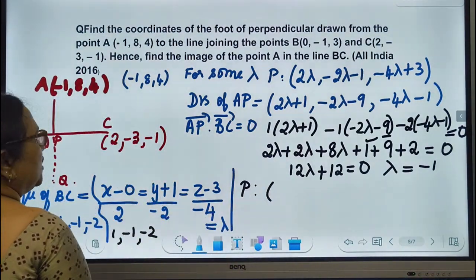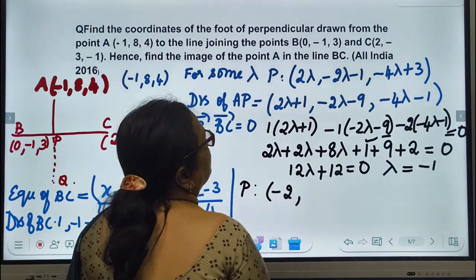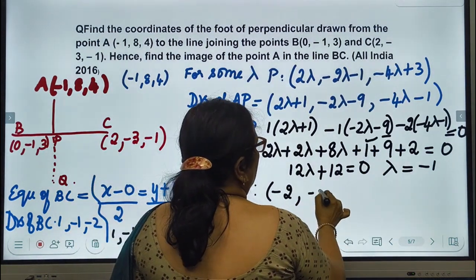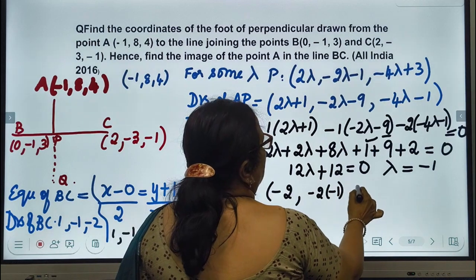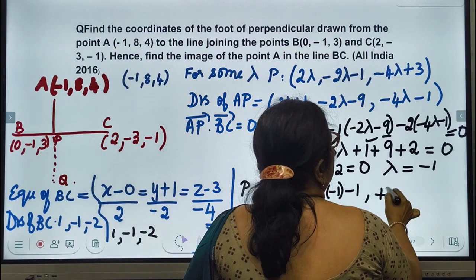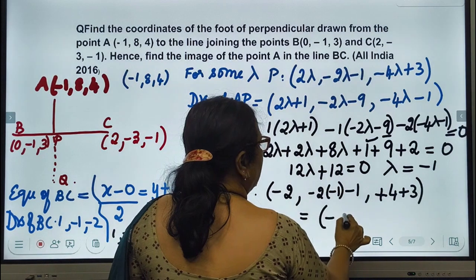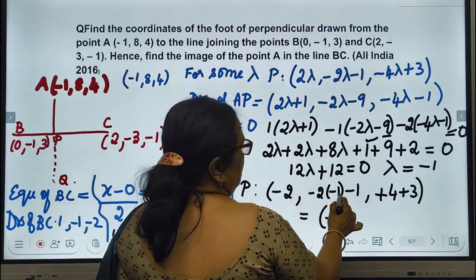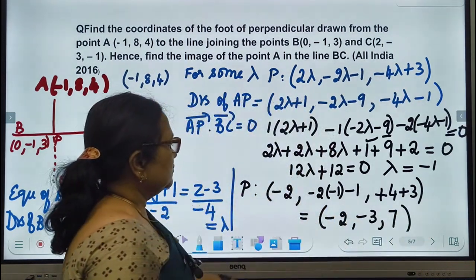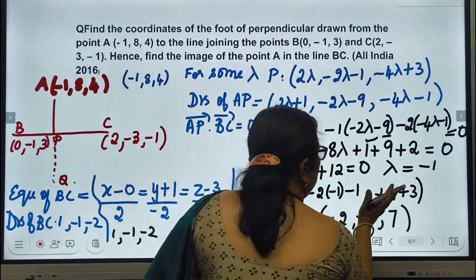P is 2 lambda, so minus 2. Then minus 2 lambda minus 1, which is 2 minus 1, which is 1.